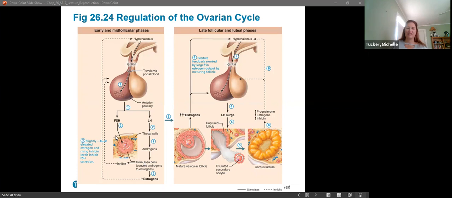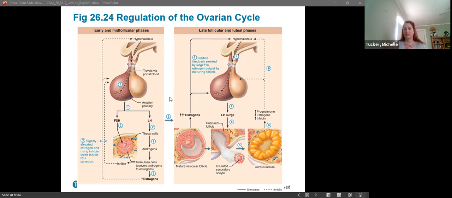So we get a slightly elevated estrogen from these developing follicles, which then negatively feeds back to the hypothalamus. Later in the follicular stage, between here and here, FSH and LH have declined because of this negative feedback.